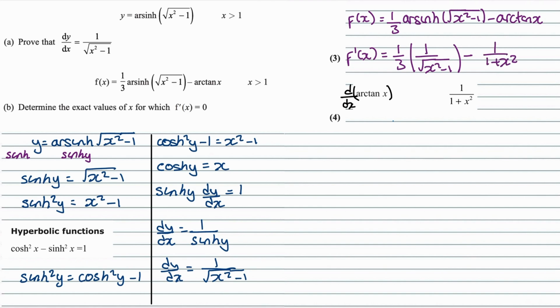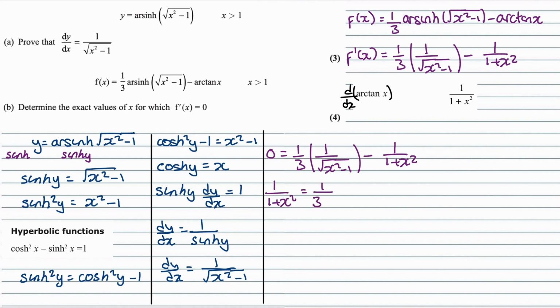Now we're told to determine the exact values of x for which f prime of x equals 0. So we'll set this equal to 0. Now we can move this term over to the left-hand side and we can tidy this up. So we've got 1 over 1 plus x squared will equal 1 over 3 times the square root of x squared minus 1.